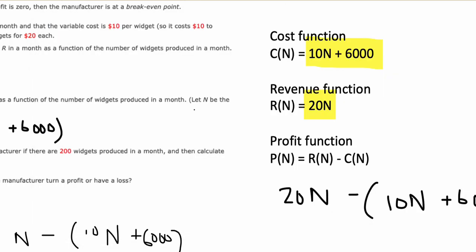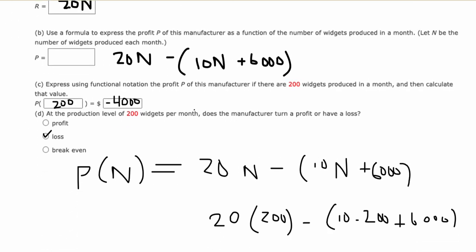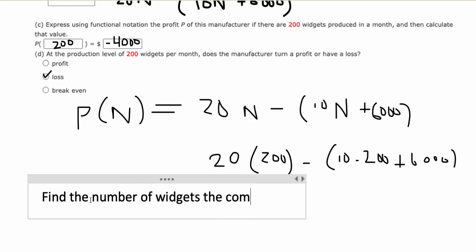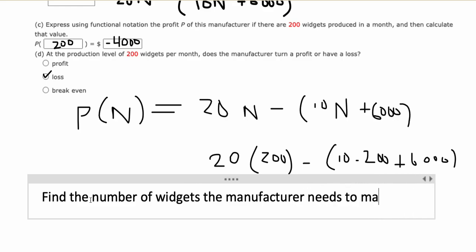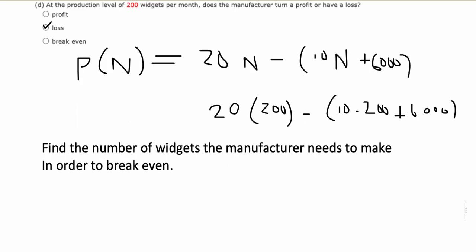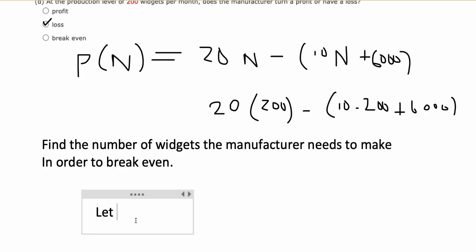All right, now, in order to solve for the break-even point, find the number of widgets the manufacturer needs to make in order to break even. One approach is to let your C of n equal your R of n.